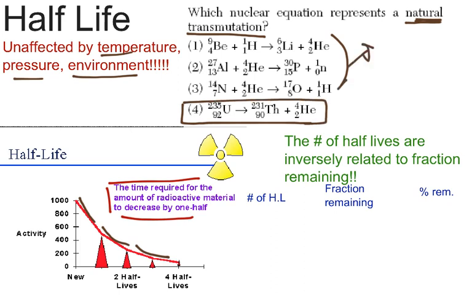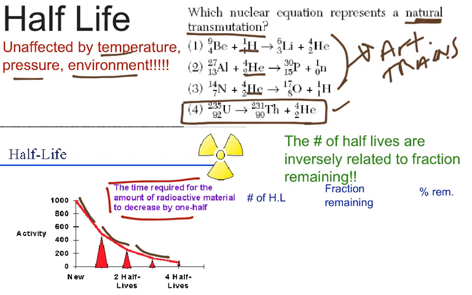These guys would be examples of artificial transmutation, because we notice that we have particles being smashed into various elements to produce totally new substances. So it's artificial transmutation, and this one is natural transmutation.